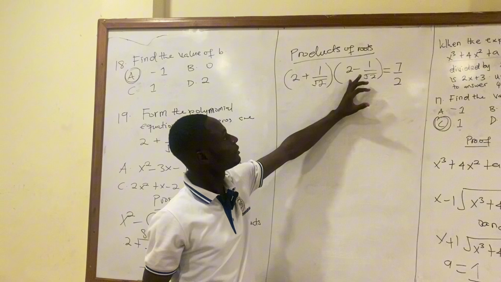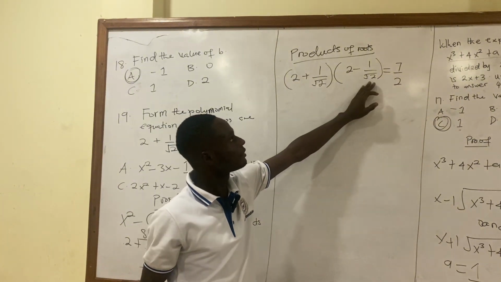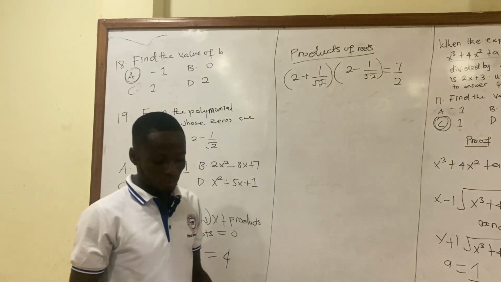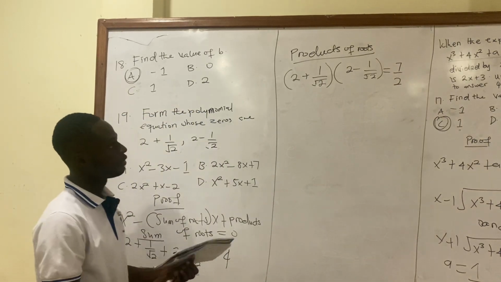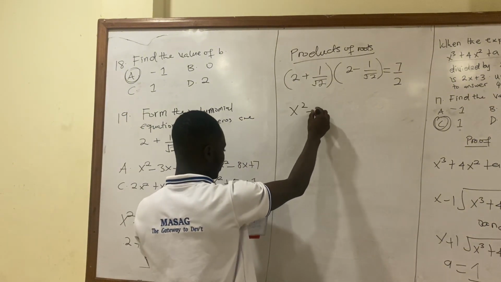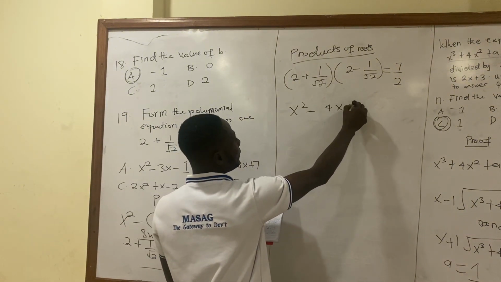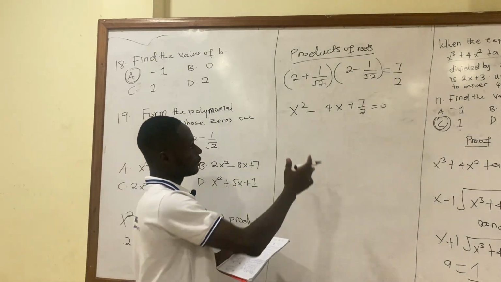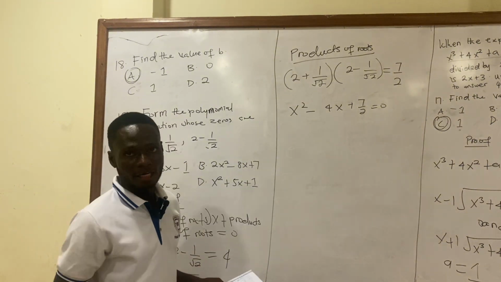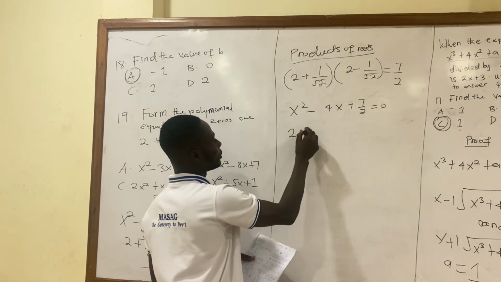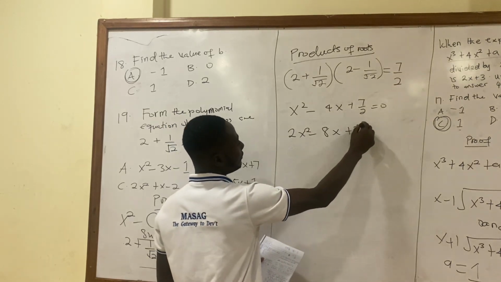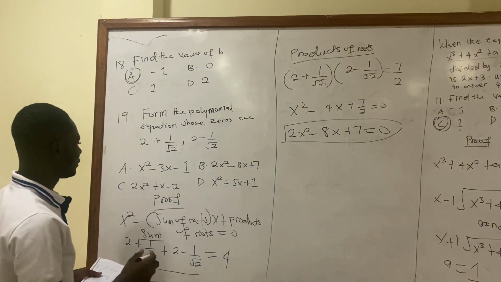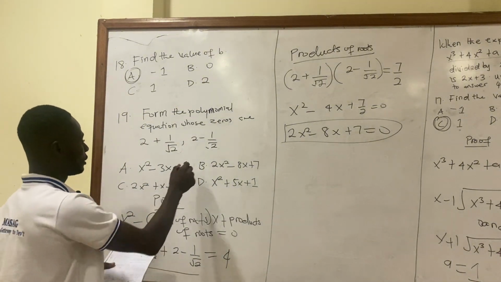This multiplies this, this multiplies this, this multiplies this, and then this multiplies this, and at the same time this also multiplies this. So looking at our general formula, when you put them inside, you have x squared minus 4x plus 7 over 2 is equal to 0. Alright, so you can decide to eliminate the fraction by doing 2x squared minus 8x plus 7 is equal to 0. So the correct option will be option B.